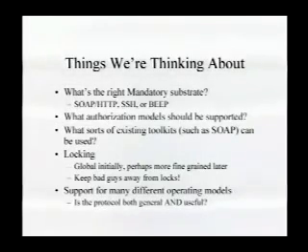What is the authorization model that should be used? This is an ongoing discussion. Right now, we don't have a standard model, and that work is going to begin soon, I believe. So there's a lot of room for input there. What sort of existing toolkits can be used? Locking.